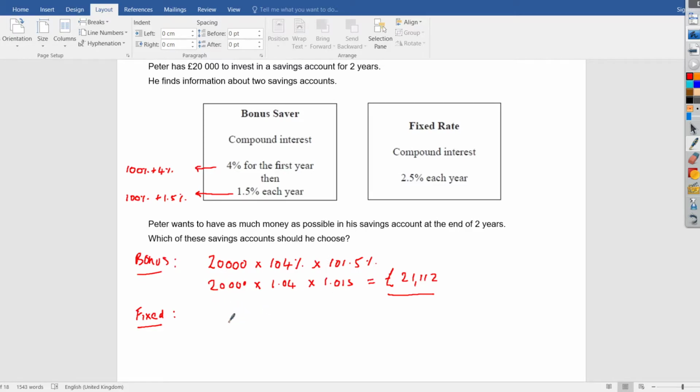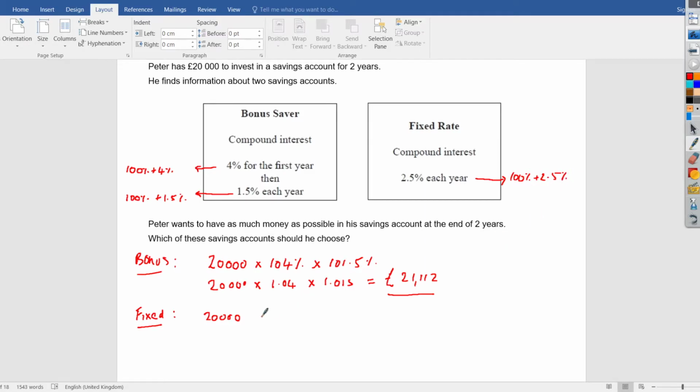This is a 4-mark question, and you're going to get definitely 1 mark here, and then 1 mark for the decision you make. So here we've got 20,000. Now you get this each year, so this is just going to be 100%, and we're going to add 2.5% on that.